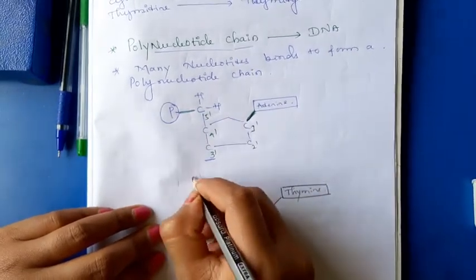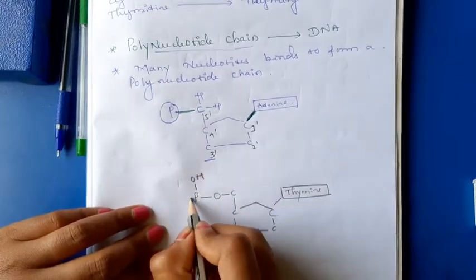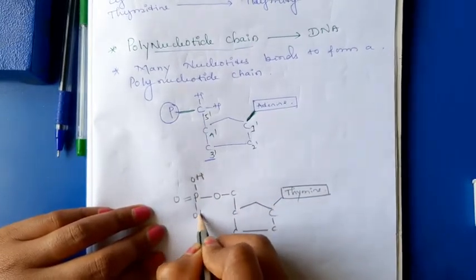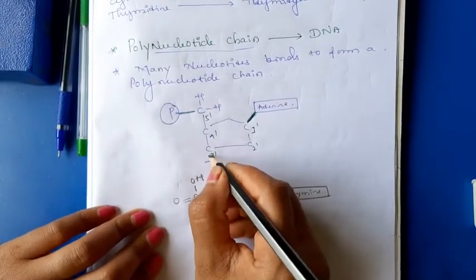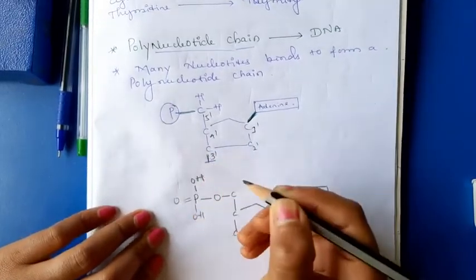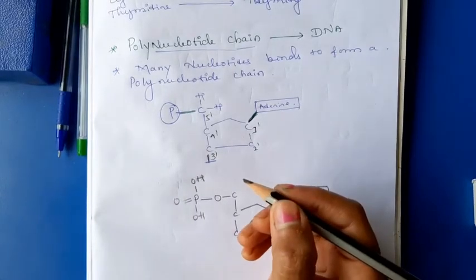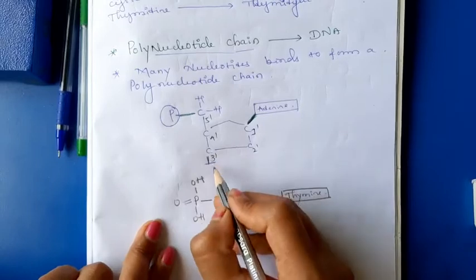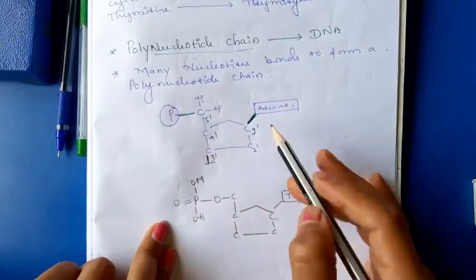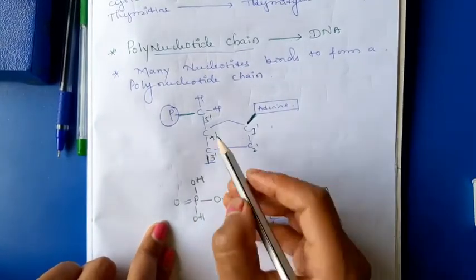The another OH group of phosphoric acid is free here in the 3rd carbon atom of the deoxyribose of the 1st nucleotide. This is the 1st nucleotide, this is the 2nd nucleotide. Okay.